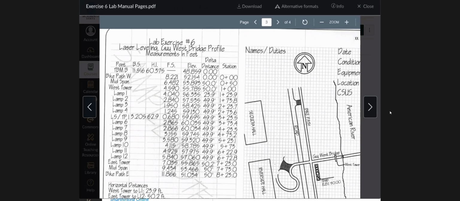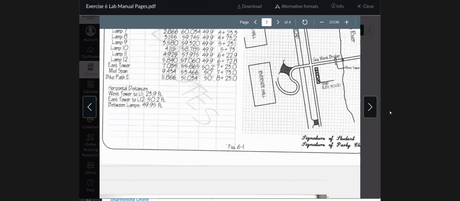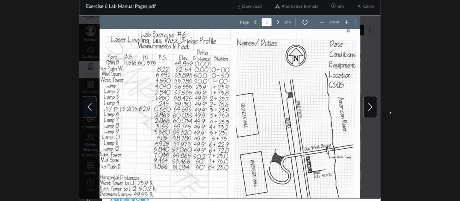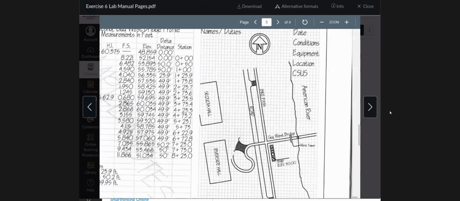You'll calculate the elevations, and you'll just copy the distances and the stations from figure 6-1 here, because those will be the same. Those are not going to change. Okay. And then on the right, everybody knows what to do over there.